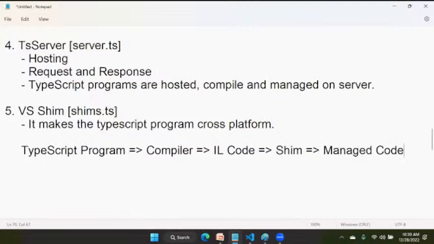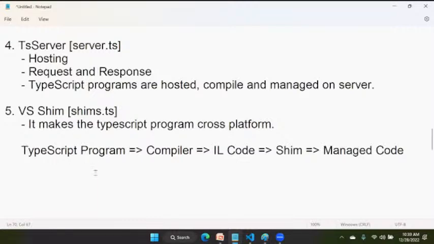Every technology does it in the same way. First they compile, but that compiled code is not understandable to every operating system. They will take the help of a shim, which will translate that into managed code.